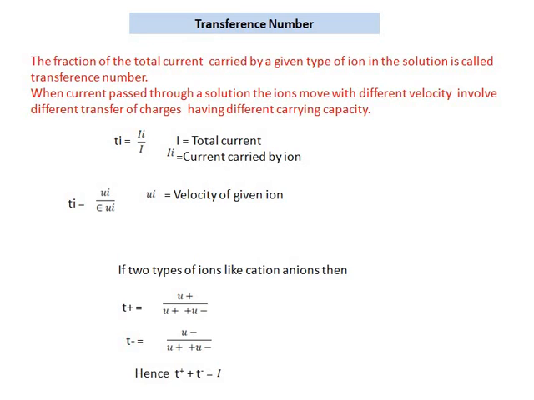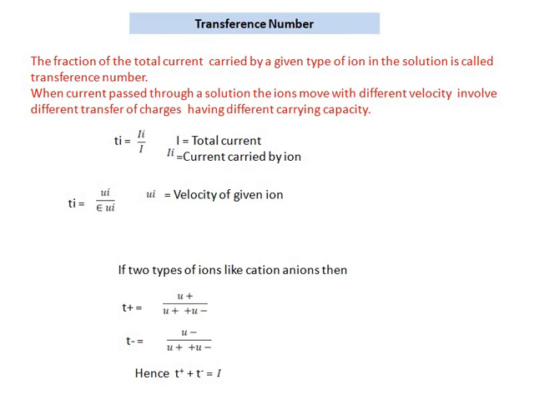That is, Ti is equal to i upon I, where capital I is the total current and small i is the current carried by the ion. Various ions carry the current.